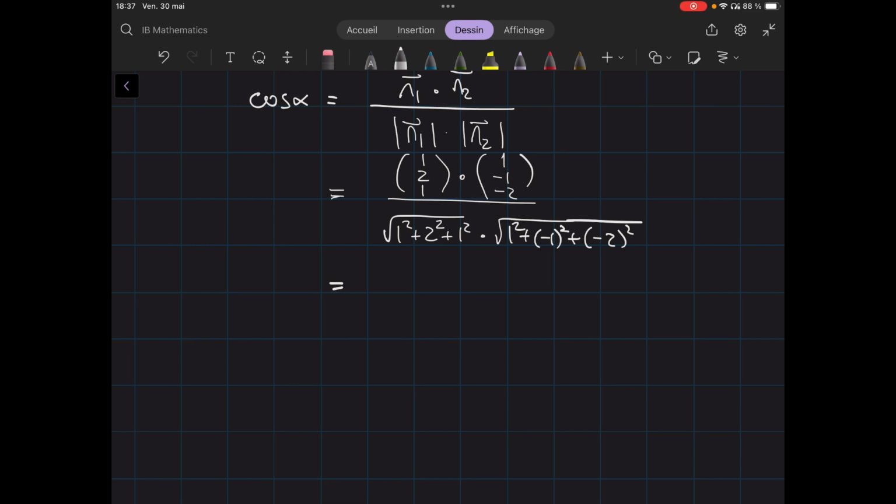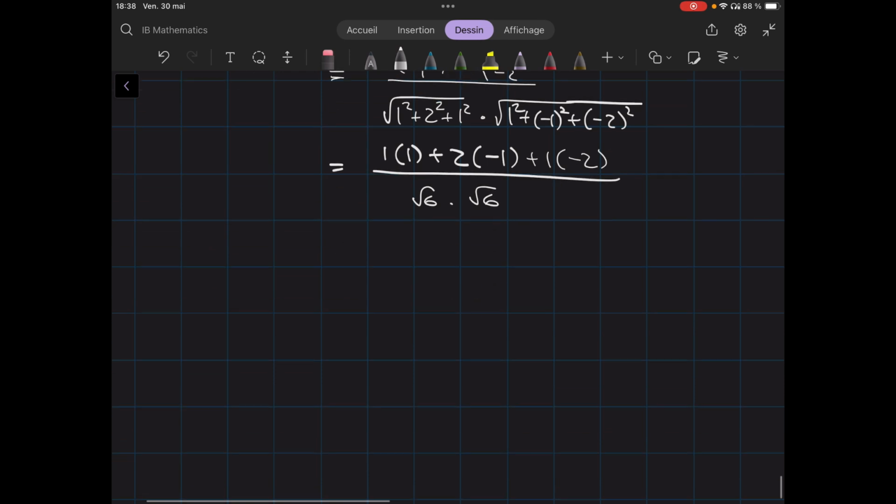Performing the dot product, you take the product of each coordinate and you add them together. So in this case, it's 1 times 1 plus 2 times -1 plus 1 times -2 divided by root 6 times root 6.